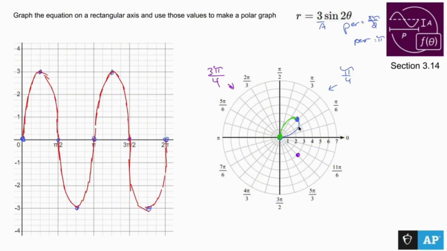And since I went in this direction on my nice smooth curve, I'm going to do the same thing. So here I am right now. Pi here is 0 again. So we're back to 0, which means you're going to come back down to here. Looks like a fan is being made, like one of those old school fans that help people sleep.